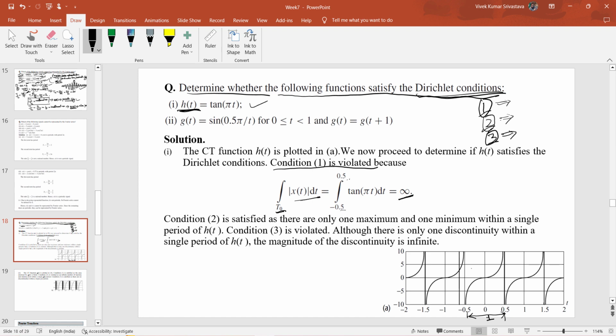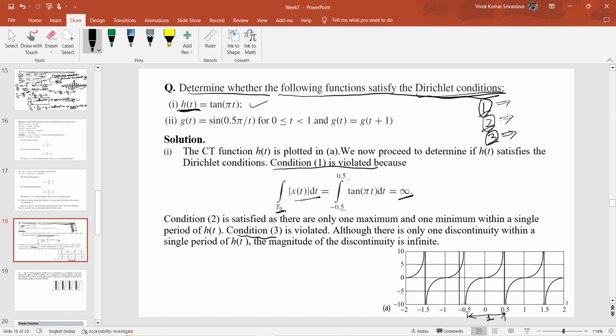so it satisfies condition 2. But condition 3 says that it must have a finite number of discontinuities over its time period. Here you can see it has two discontinuities, and at the discontinuity the value is infinity.